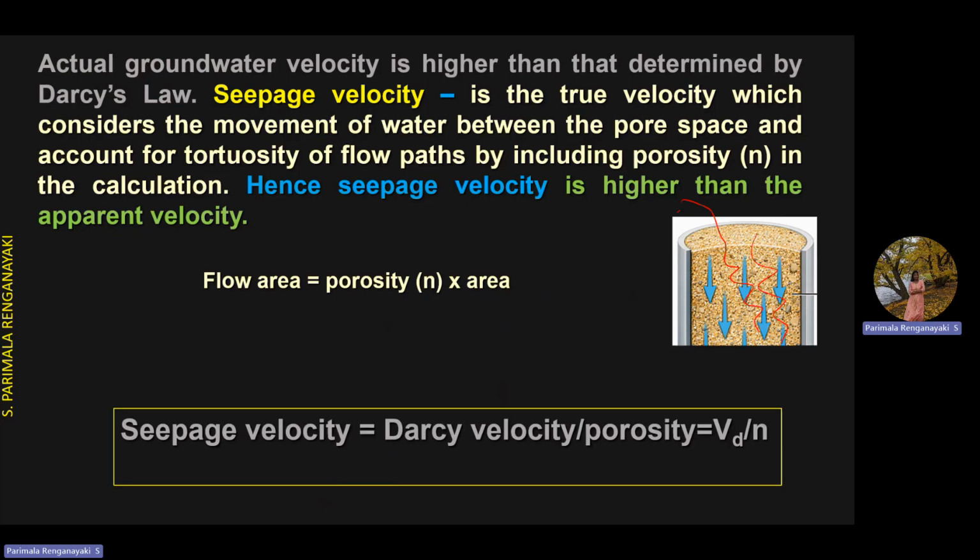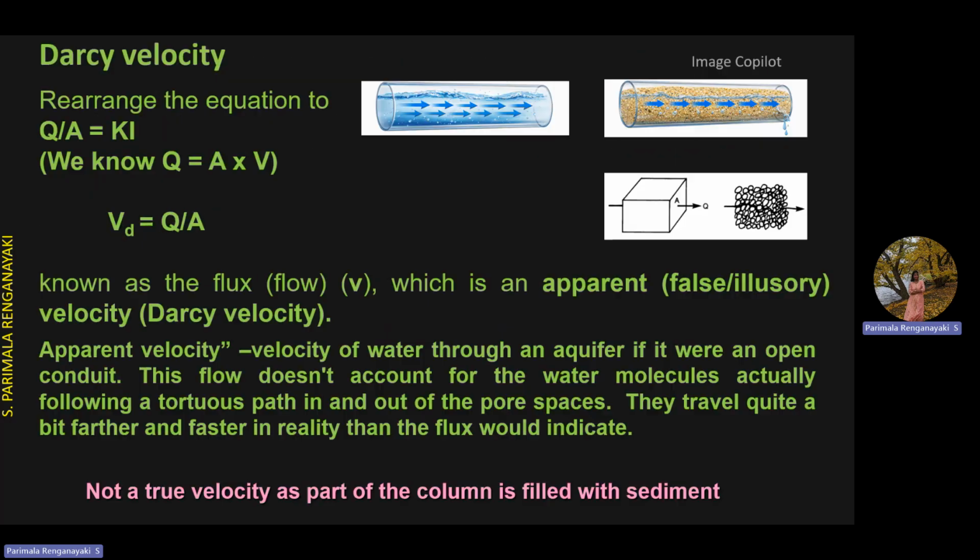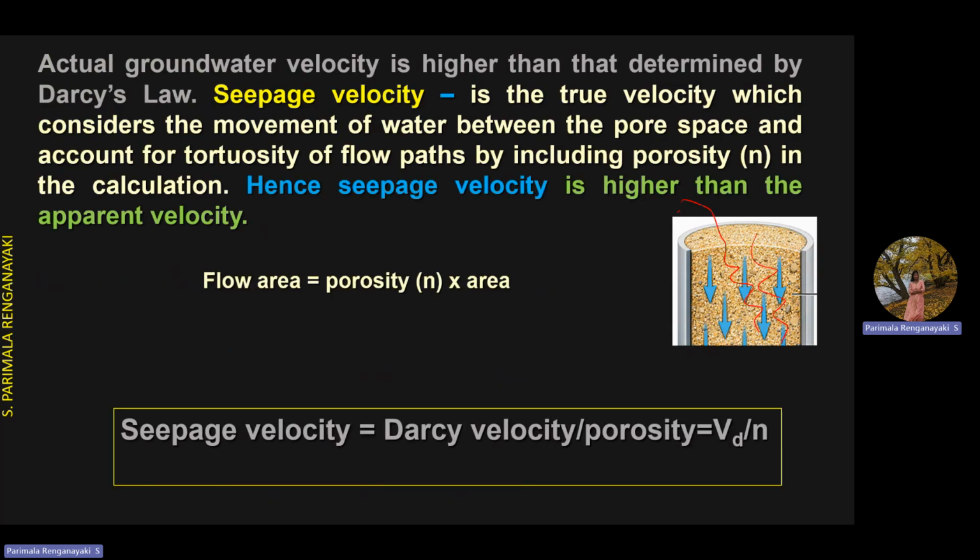Finally, the seepage velocity is Darcy velocity by porosity. What is Darcy velocity? We have just seen here, VD is Q by A. So the seepage velocity is the Darcy velocity, accounting for porosity, divided by n, which is the real velocity.